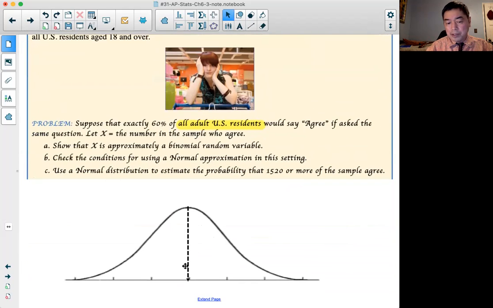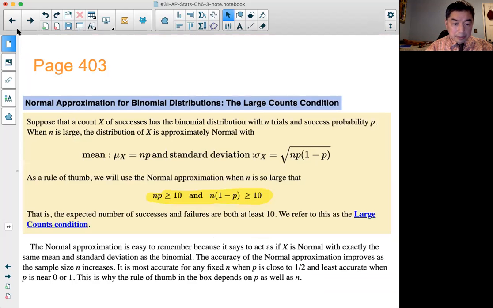But this is the mean, okay? We cannot say mu because it's not the population, so it must be x bar, right? Oh, they use mu here. I don't want you to get confused.